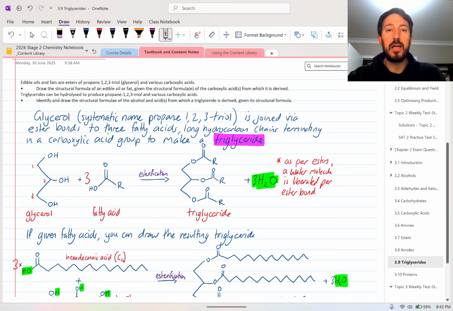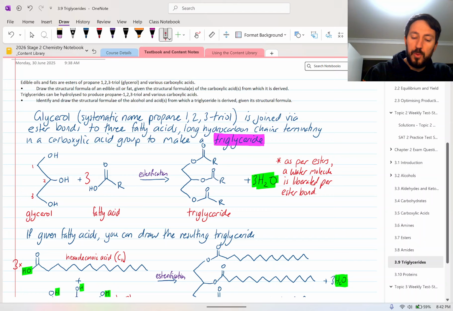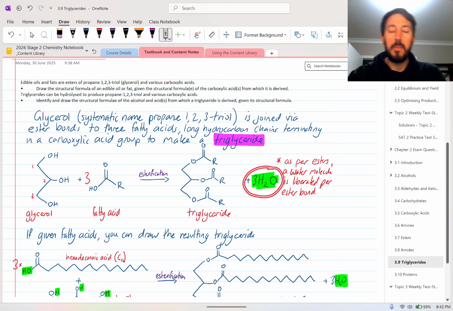When they undergo that esterification reaction, we make 3 ester bonds between the glycerol and the fatty acid, and we also liberate a molecule of water for each ester bond that's been formed. In this case, it's going to be 3. This is pretty much the same chemistry that happens in the subtopic 3.7 esters. It just happens 3 times to 1 molecule.